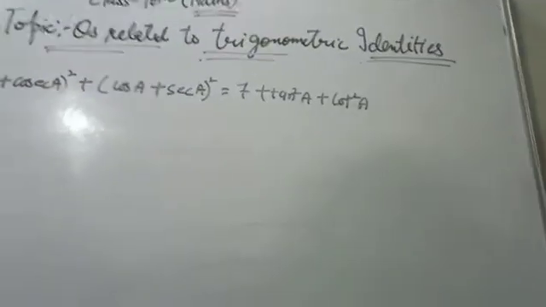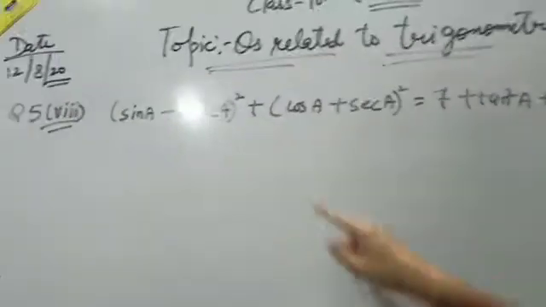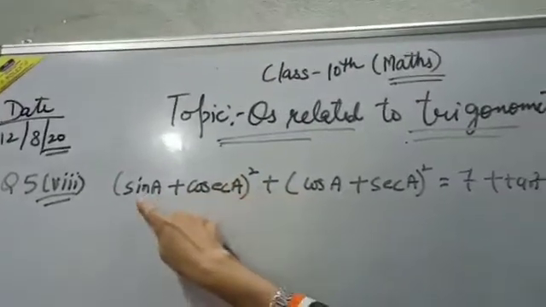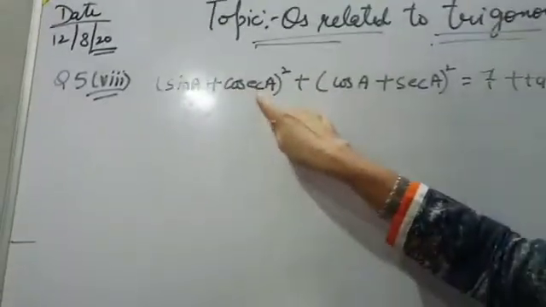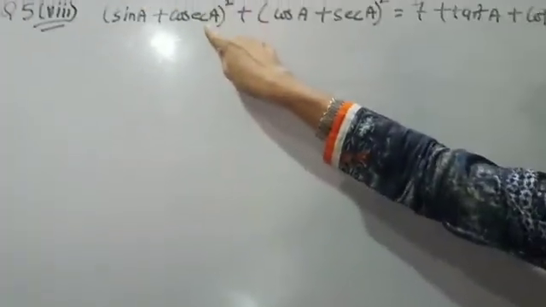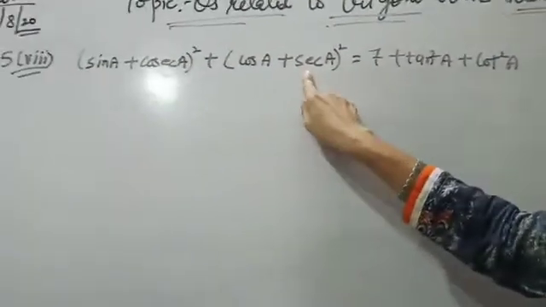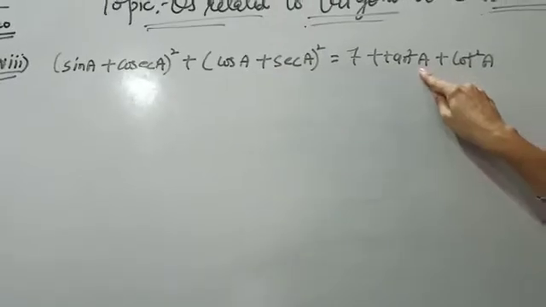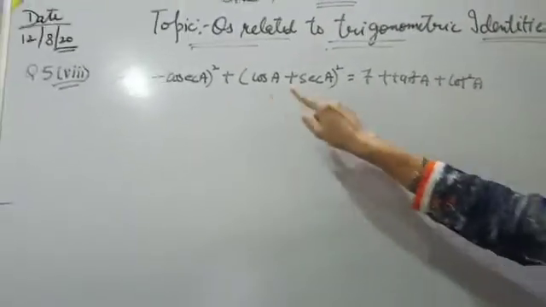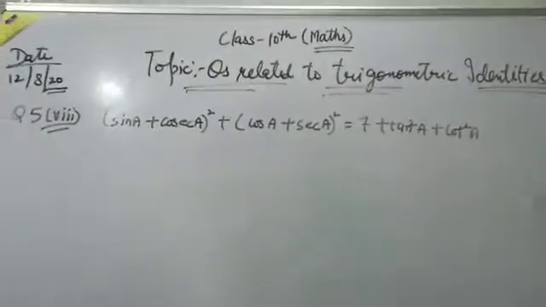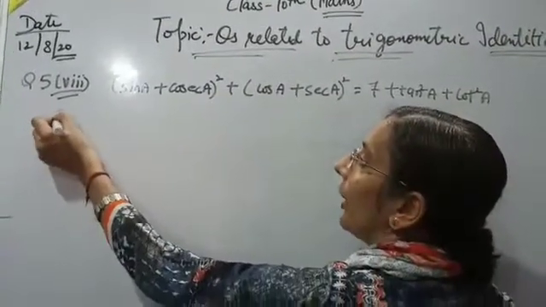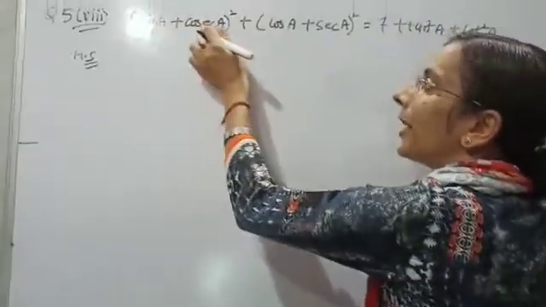As we know, if we open the square on both terms, sin A and cosecant A, we get cosecant square A, whose identity involves cot square A, which we need on the right hand side. Secant square A has the identity involving tan square A, which we also need. So we will open the whole square using the identity A plus B whole square.